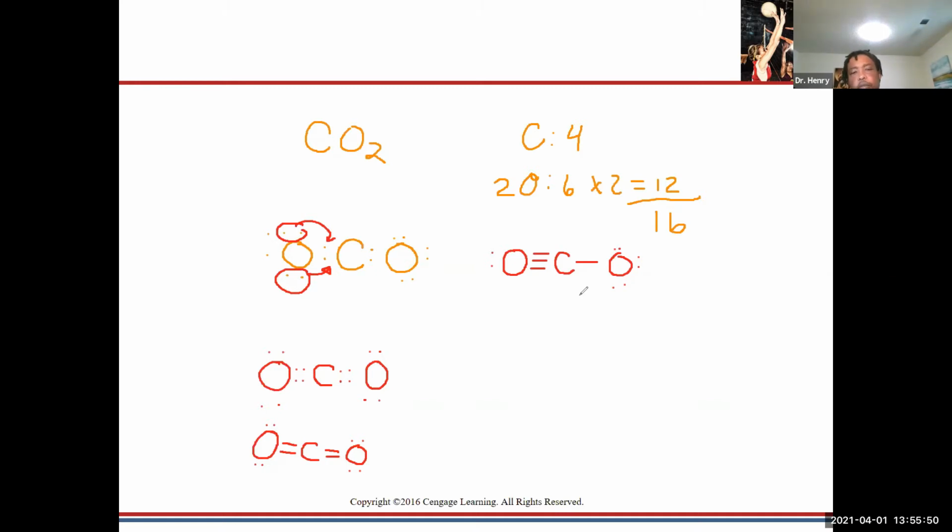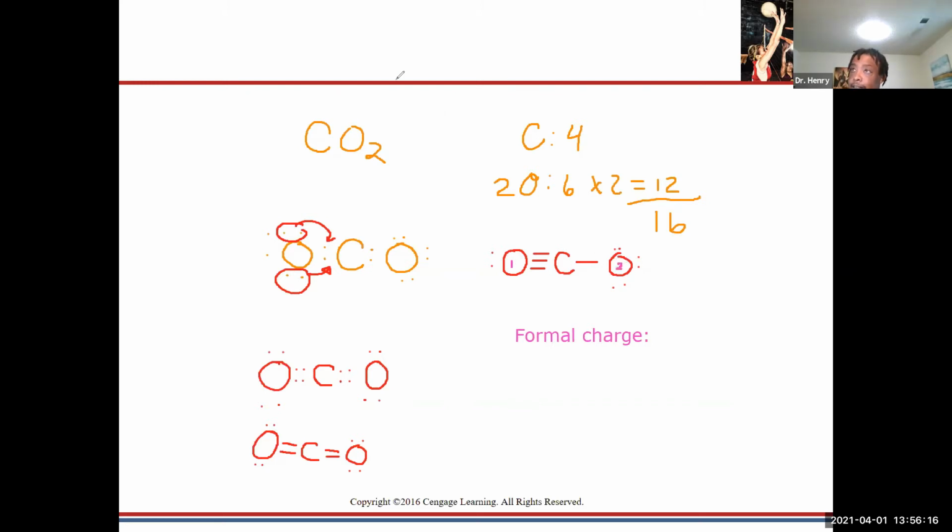However, if we looked at formal charges, this is going to be our first oxygen. This is going to be our second oxygen.